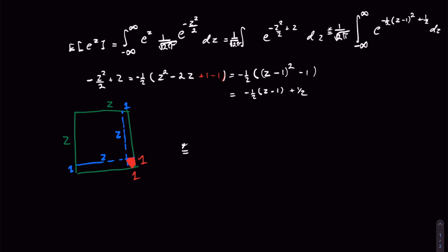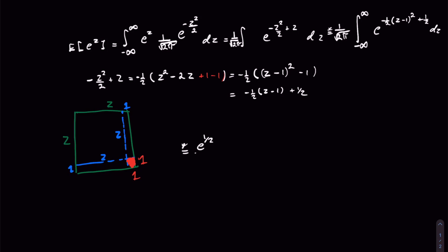Well, this looks still a little complicated, but we can get rid of this little term to try to make this whole expression similar to what a normal PDF looks like. So let's get rid of that. That's e to the half, right?